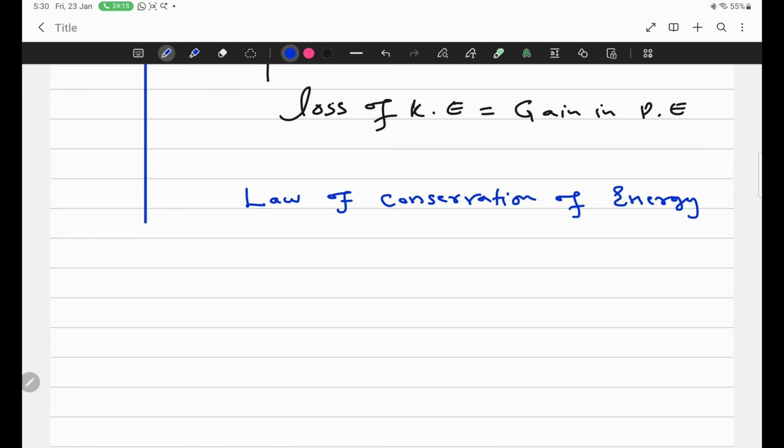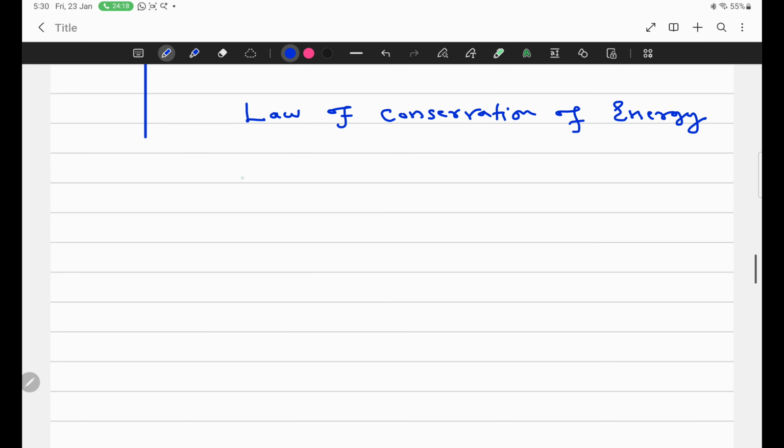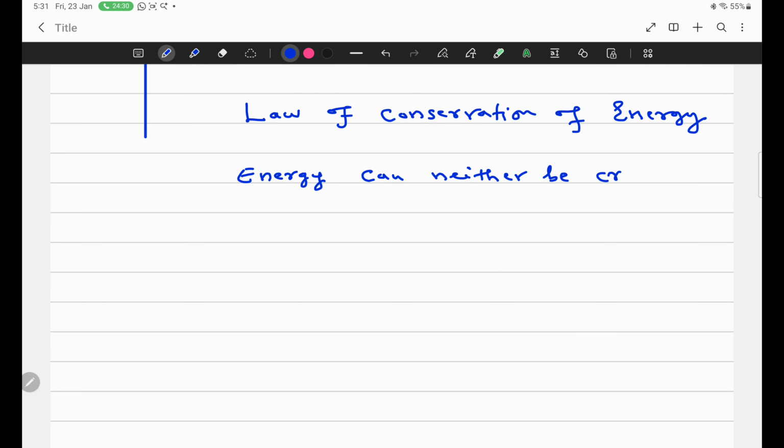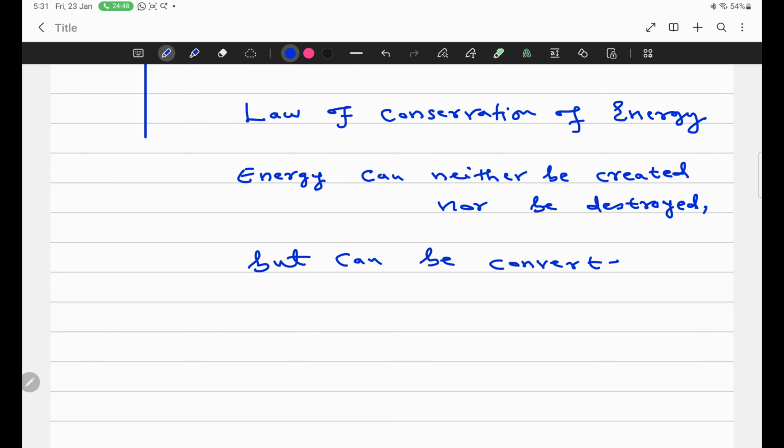According to this law, energy can neither be created nor be destroyed, but can be converted from one form into the other form.